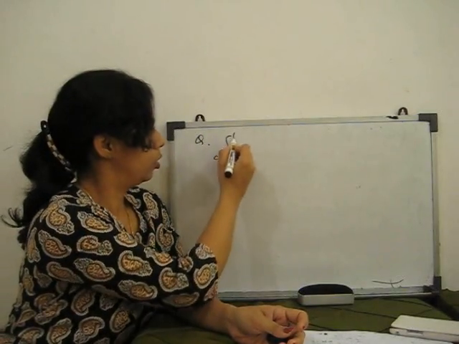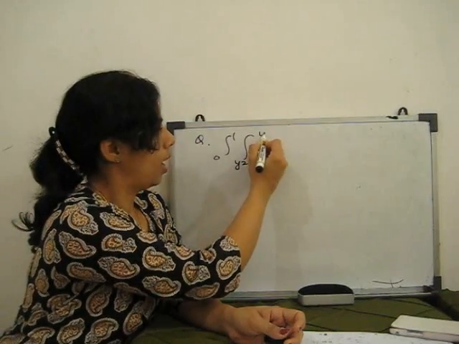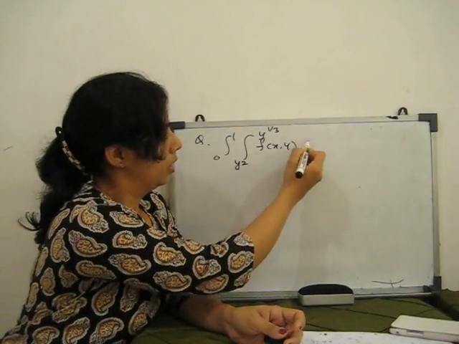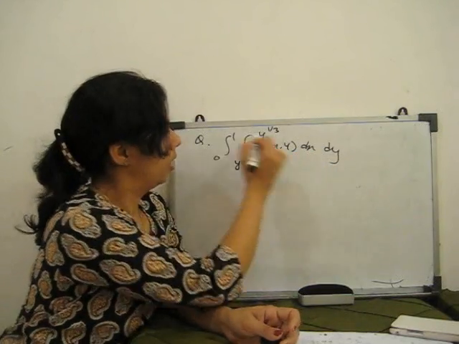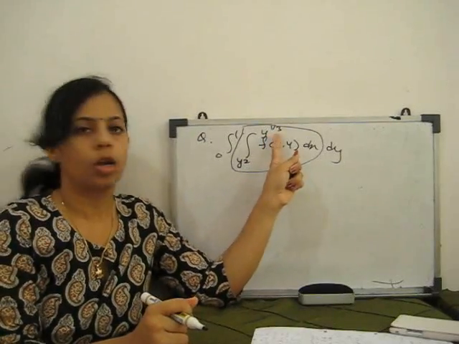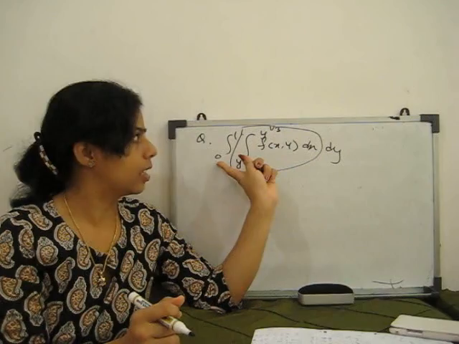If we have the integral from 0 to 1, y square to y to the power 1 by 3, of f(x, y) dx dy, it means here they give the variable limit in terms of y and the constant limit in terms of y's outer integral.